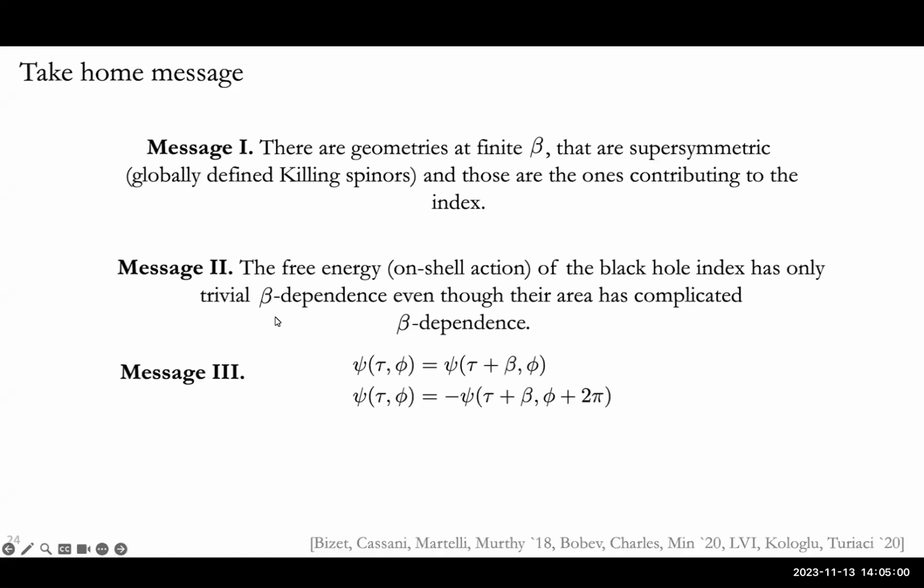If you look at the contractible circle, what happens to any fermionic field in your theory is that psi of tau and phi is anti-periodic with respect to rotations around the contractible circle, but it's periodic with respect to rotations around the time circle. So this is exactly why this path integral computes an index, because if you look at fermionic fields, these are the boundary conditions in both.